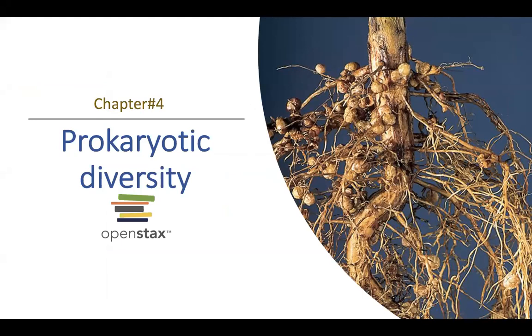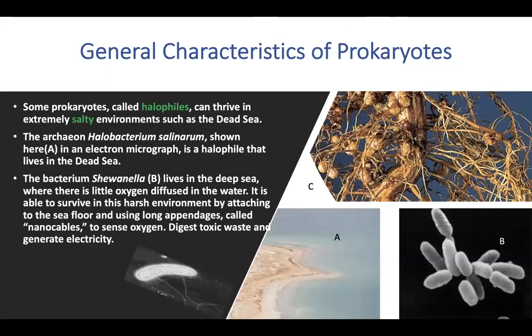Chapter 4 talks about prokaryotic diversity. So basically, it talks about bacterial prokaryotic diversity, their structure, and we are going to work on the classification. Okay, we are going to talk about the different types of prokaryotic cell. So, general characteristics of prokaryotes.